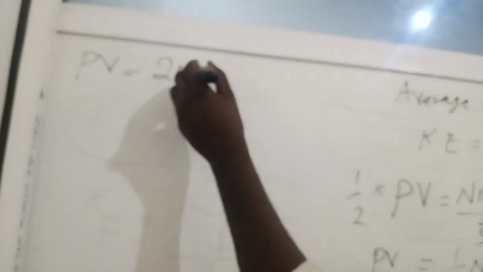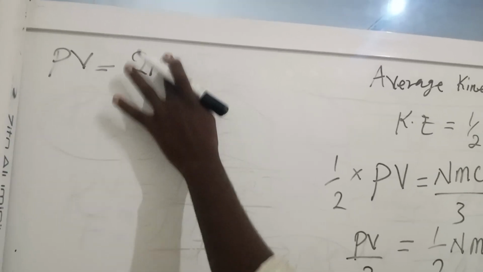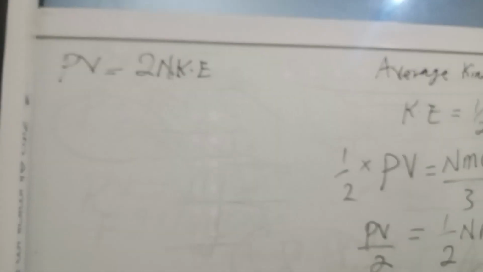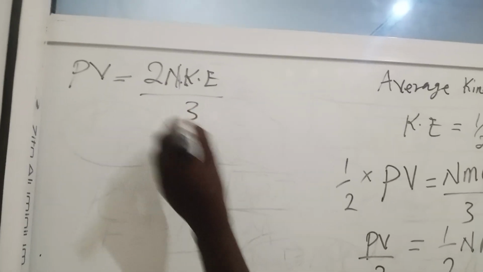So from here, we will now say PV is equal to 2n times kinetic energy divided by 3.